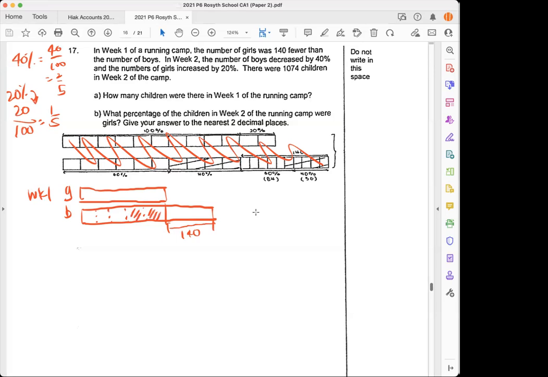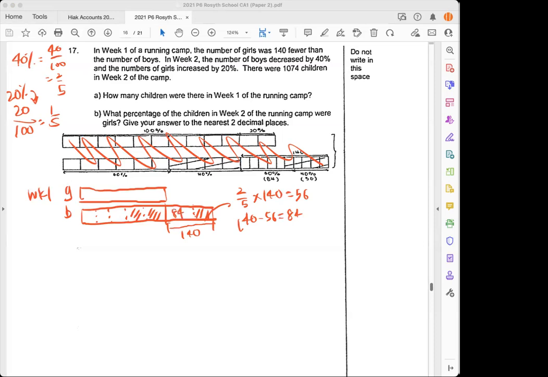And I must also remove 2/5 from this 140. 2/5 of 140 is equal to 56. So what's remaining? 140 minus 56, 84. Which means this is 84.